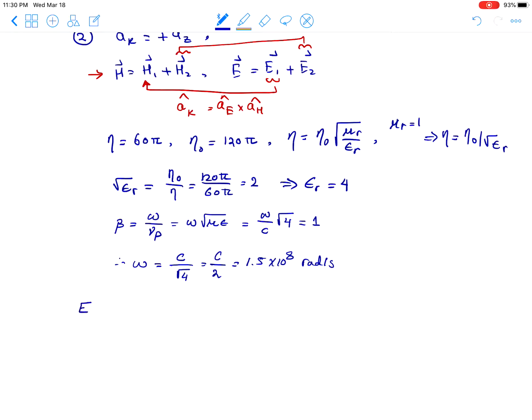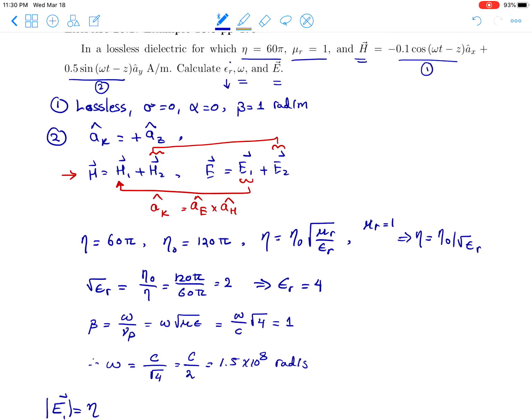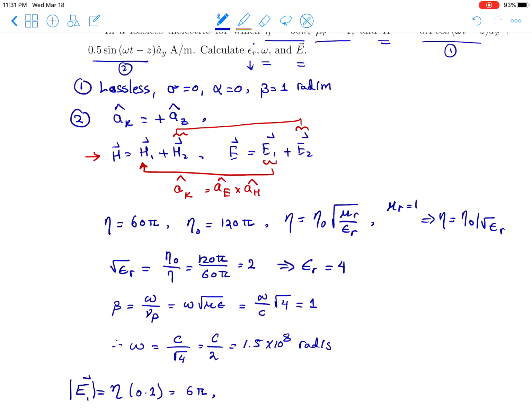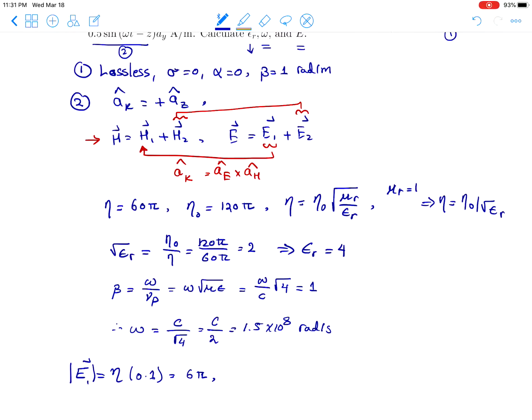So now let's determine the electric field. Let's start with the first component of the electric field, E1. It can be written as eta times the magnitude of the magnetic field, the magnitude of H1. So this is the magnitude of the electric field. The direction of the electric field can be determined from this relation.